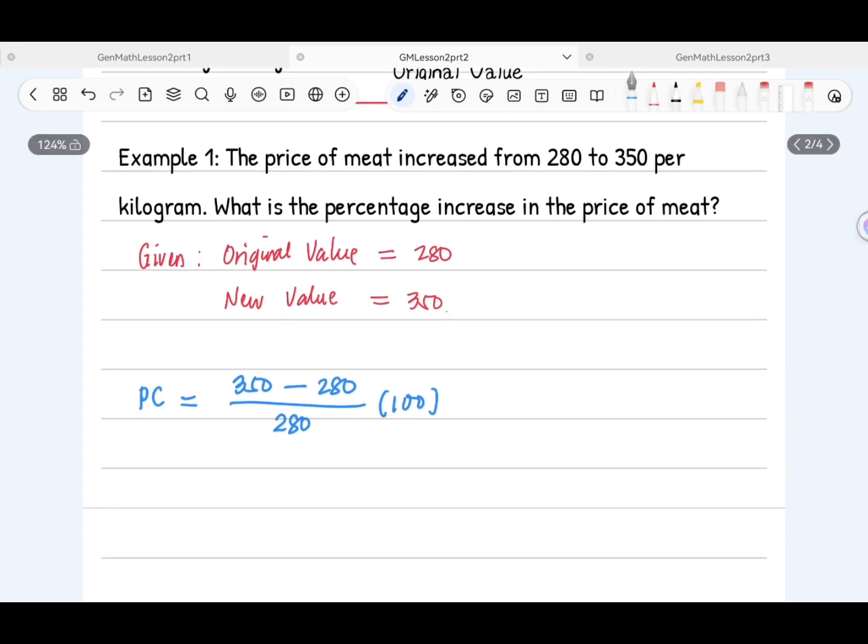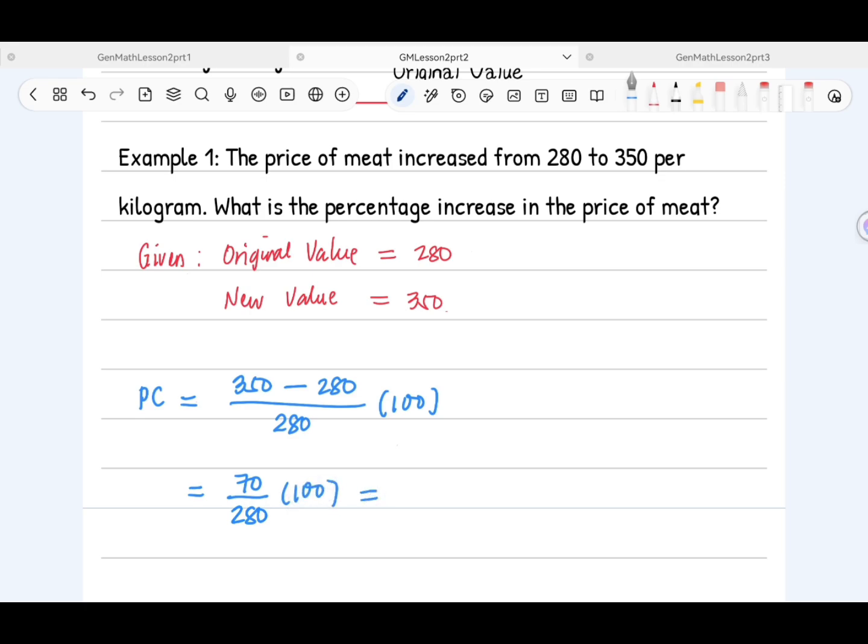Then let's subtract. We have 350 minus 280, that is 70 over 280 times 100.